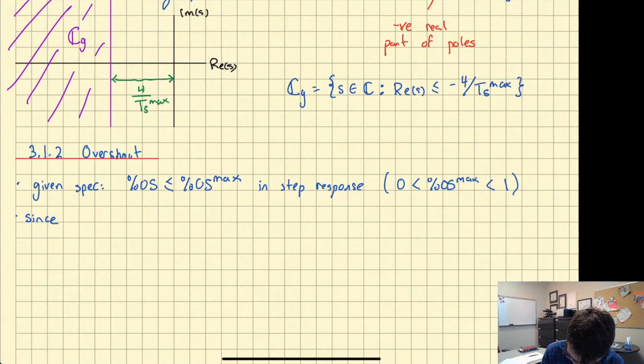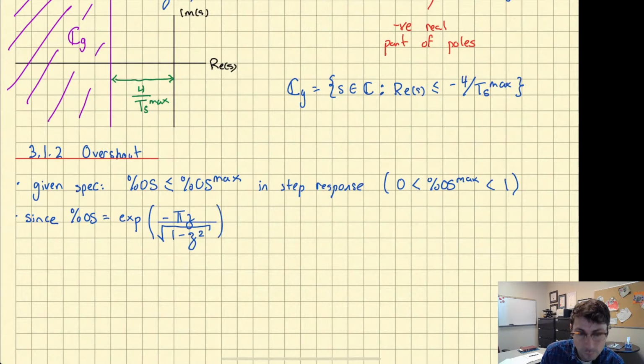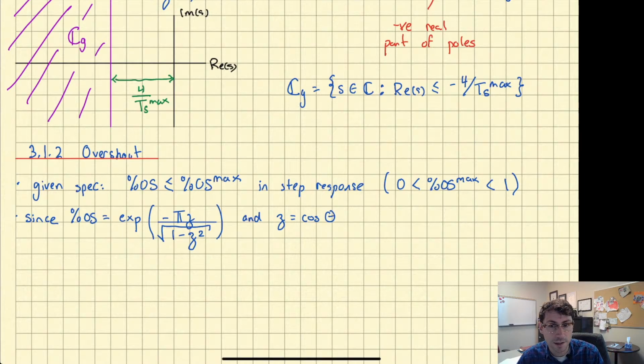So since percentage overshoot equals, this is from chapter 2, this is our equation from chapter 2, and zeta equals cos theta.